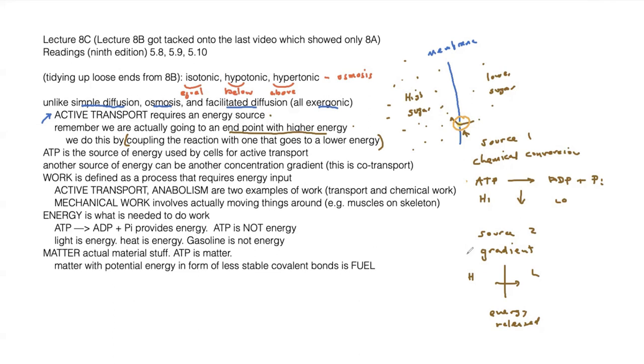Or also pretty frequently, the source of that energy being used right here is coming from another gradient, a second gradient. Maybe something where we have a high concentration, let's do this in green, a high concentration of sodium. Okay. And here we'll have a low concentration of sodium.